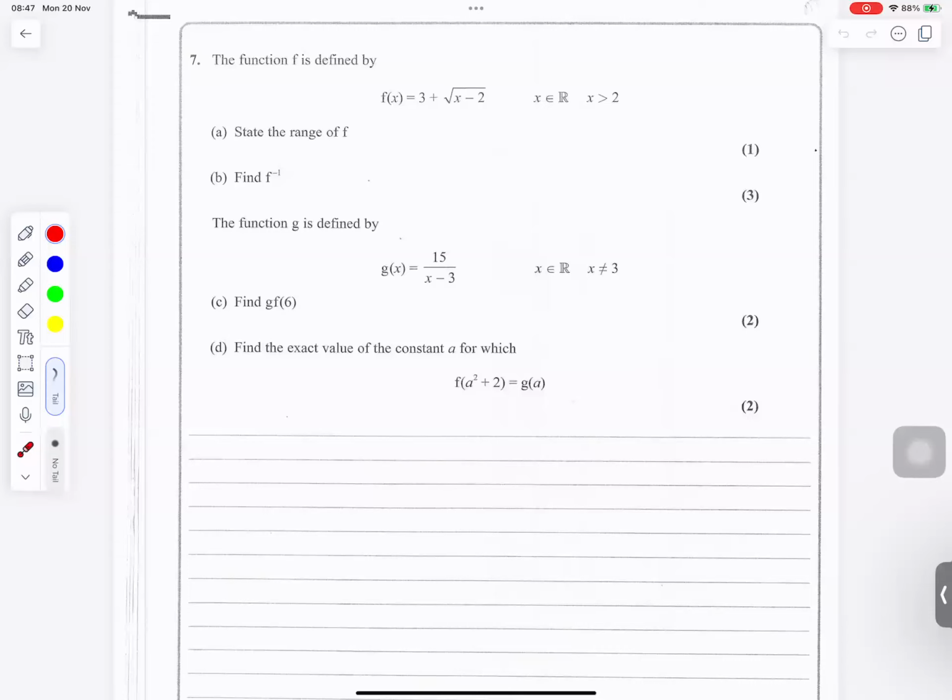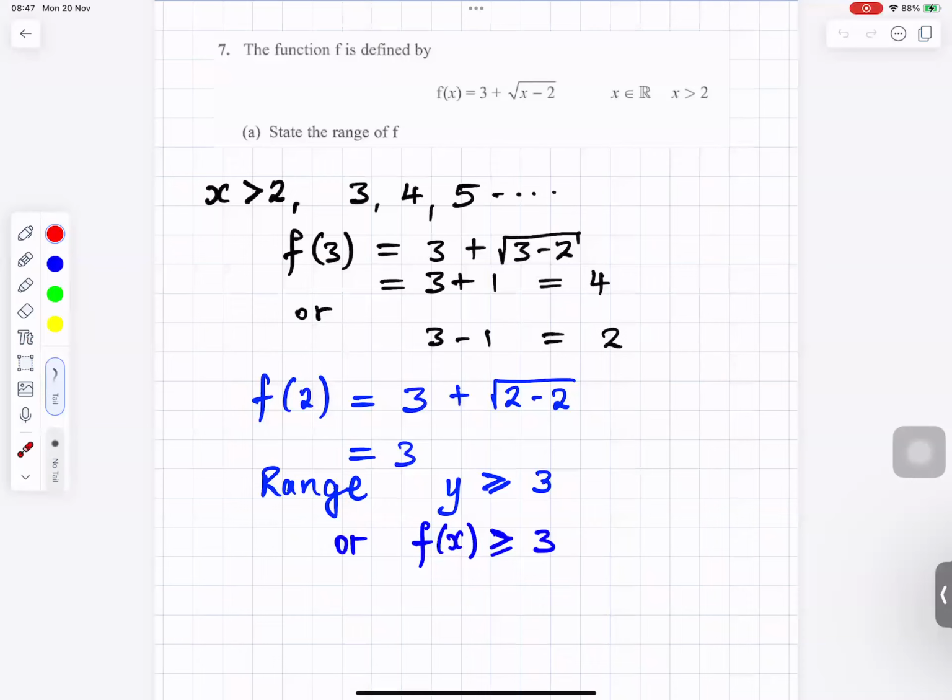Question number 7. For question 7a, it says state the range. Very important to understand this. If you have your y-axis, put it there in black, and the x-axis in pink.